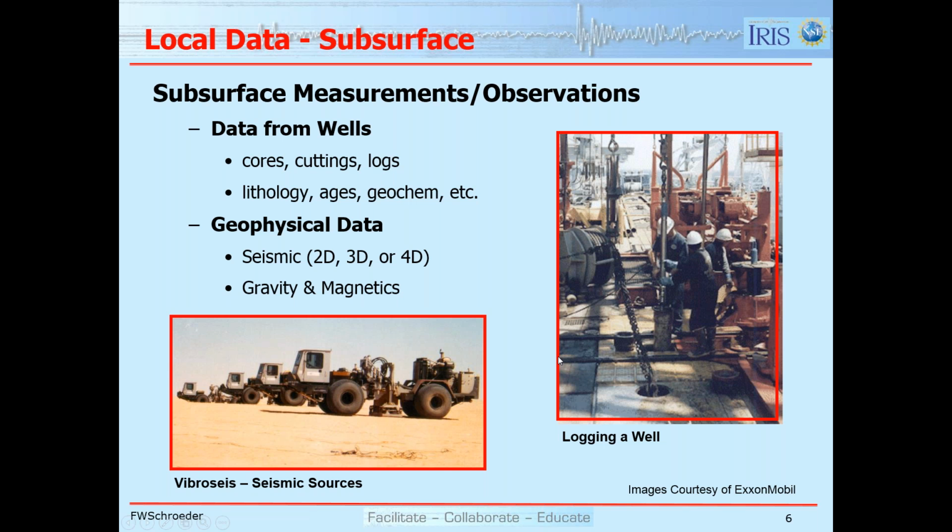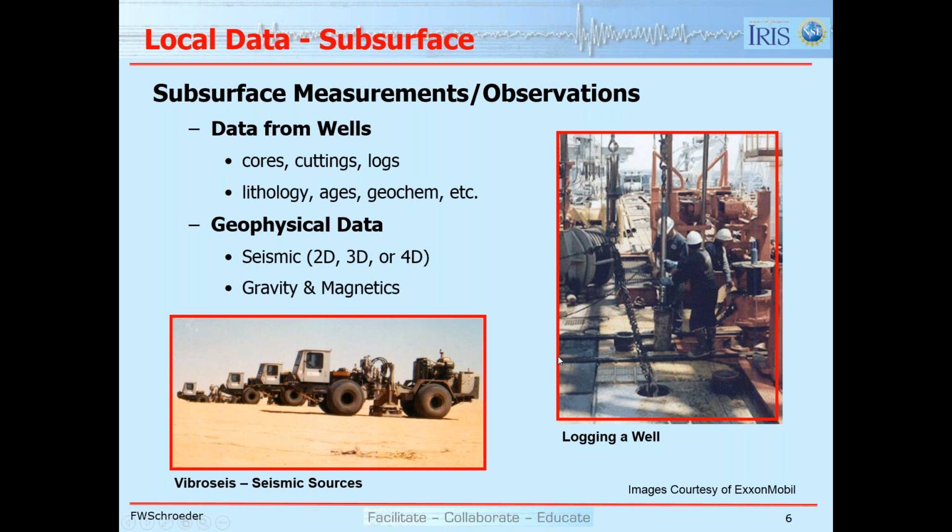The other basic type, in addition to well data, is geophysical data. And the workhorse in terms of geophysical data for oil and gas is seismic. That can be a 2D seismic grid. It could be a 3D volume, or we also have the ability to collect what is called 4D or time-lapse seismic.